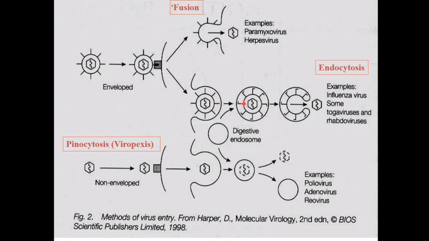The virus is internalized in a phagosome, and this phagosome all together, the envelope of the virus and the outer phagosome, is digested to release the nucleocapsid, which also has to be uncoated to get the nucleic acid out. Examples are influenza virus, togaviruses, and rhabdoviruses.